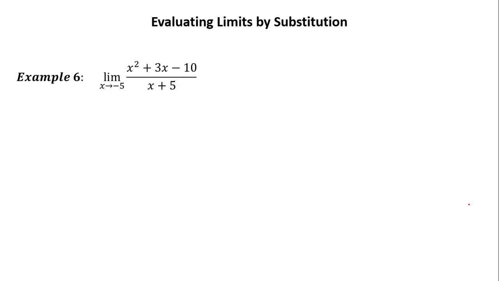Obviously this one produces a 0 over 0, so we have to try to factor the numerator. I'll not show that because in example 5 I have already shown how to check whether you produce a 0 over 0.